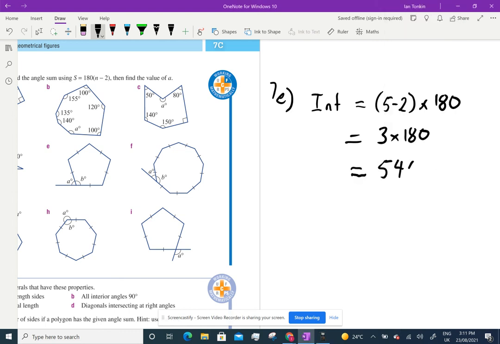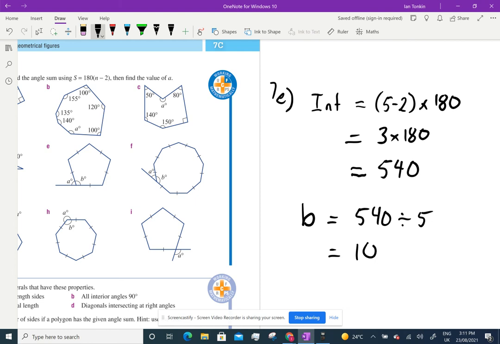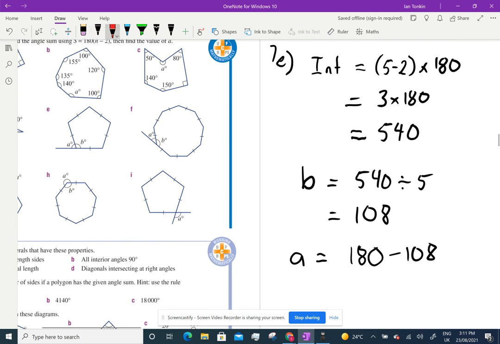Now, because it's regular, each angle must be the same. Therefore, B equals 540 divided by 5, 108. Each of those angles is 108. Well, A, that's on a straight line, equals 180 minus 108, because it's on a straight line, which is 72 degrees.